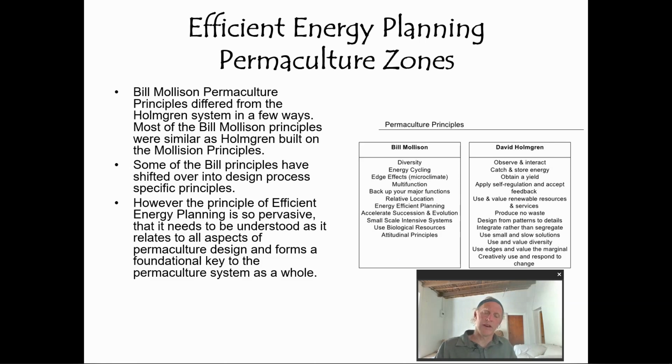It is the concept of self-regulation and syntropy that is always making more energy available due to efficiencies within the system. What this particular principle looks at is how we arrange the elements in our system in relation to each other on the ground to be more efficient in the way they exchange.